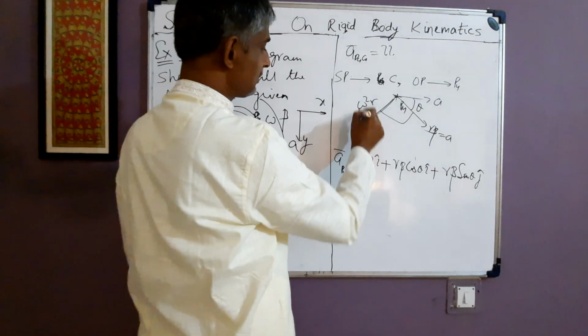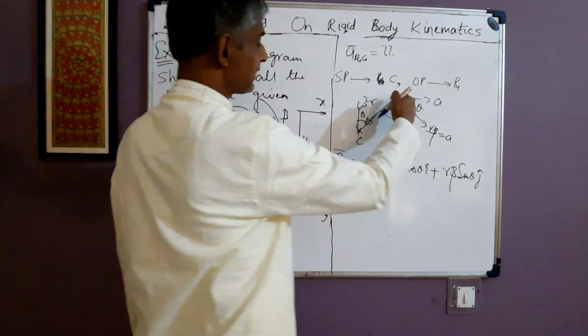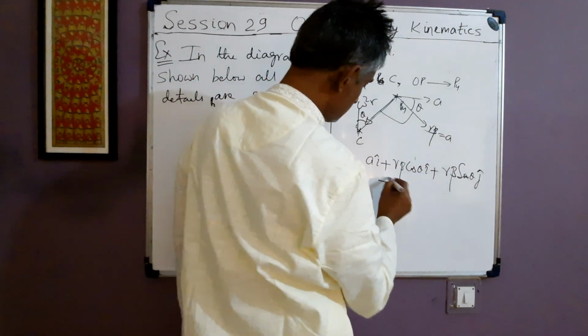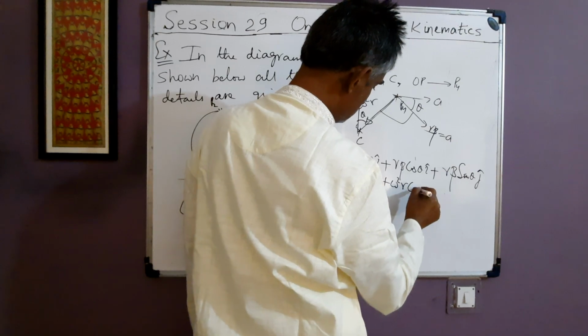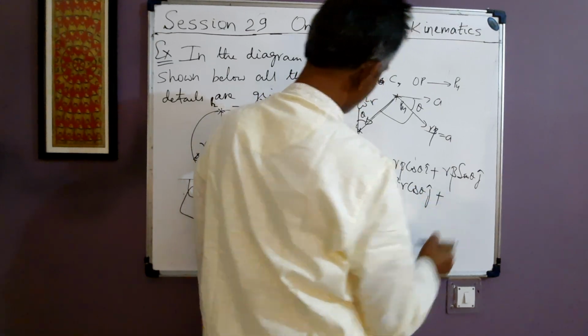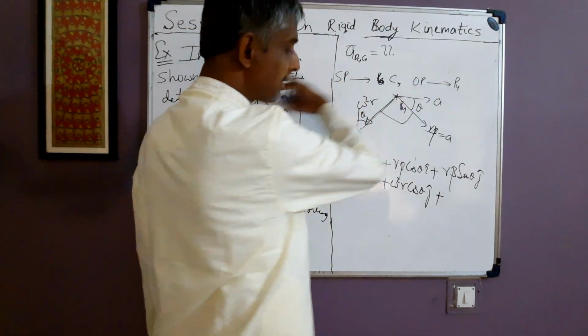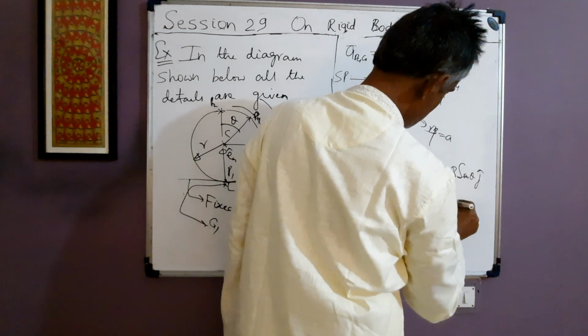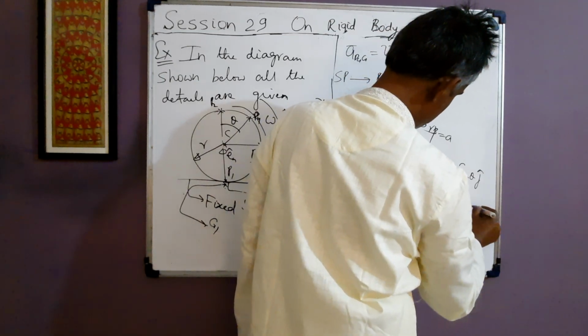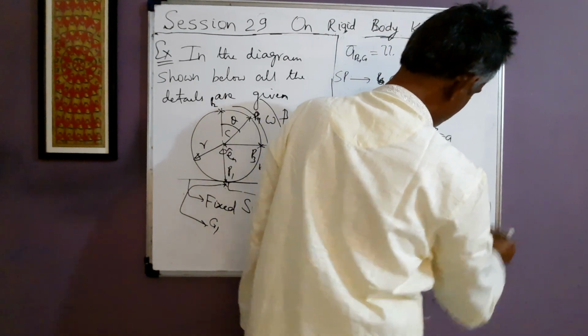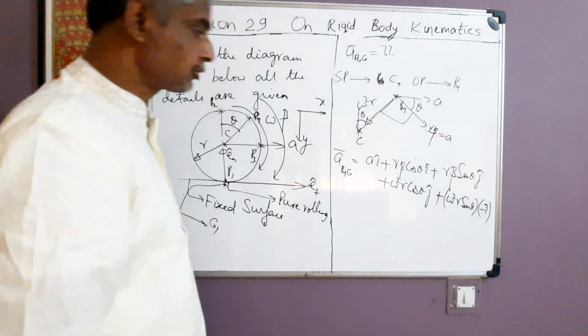And omega square, this is theta. Omega square cos theta j hat. And omega square sin theta minus i hat. Okay? This is AP4G.